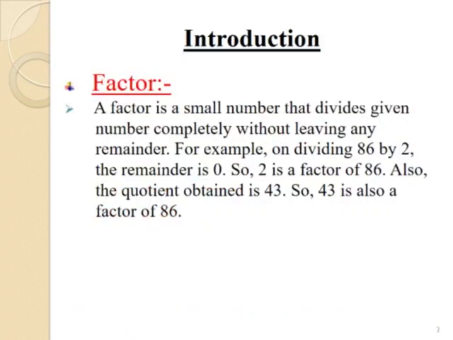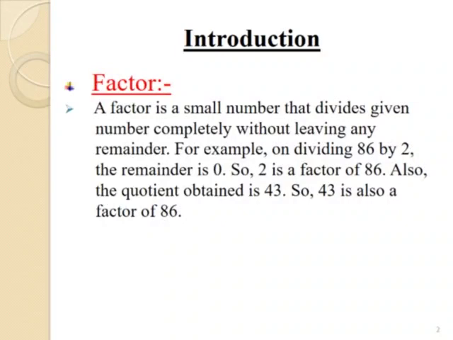Factor. A factor is a small number that divides a given number completely without leaving any remainder. For example, on dividing 86 by 2, the remainder is 0. So, 2 is a factor of 86.